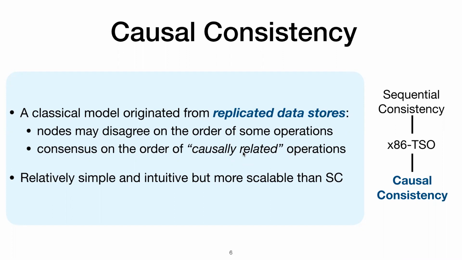This model is relatively simple and still intuitive, I would say, and I'll try to show you how it is designed. There's nothing ad hoc. I think it's a very natural constraint that you will all see soon. And it allows more scalable implementations than sequential consistency. So it's easier to get efficient implementations of causal consistency than of sequential consistency.